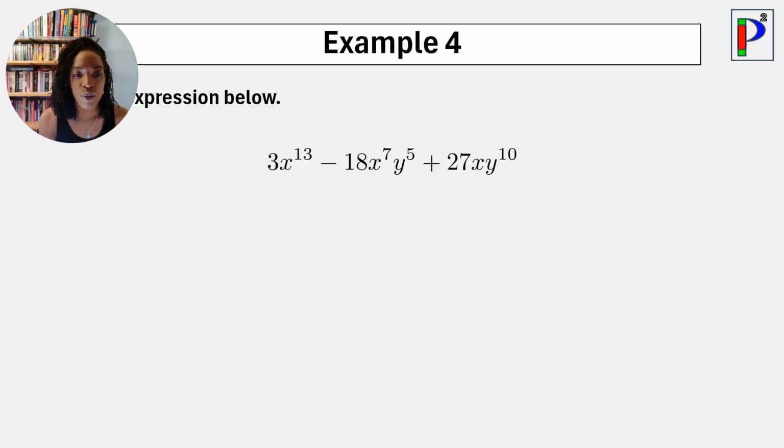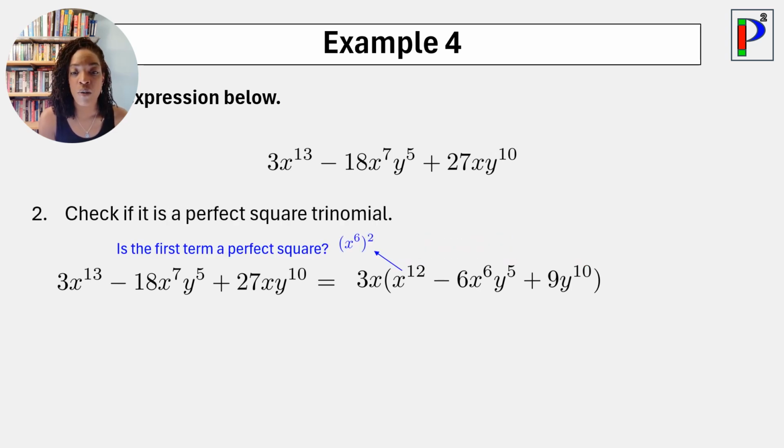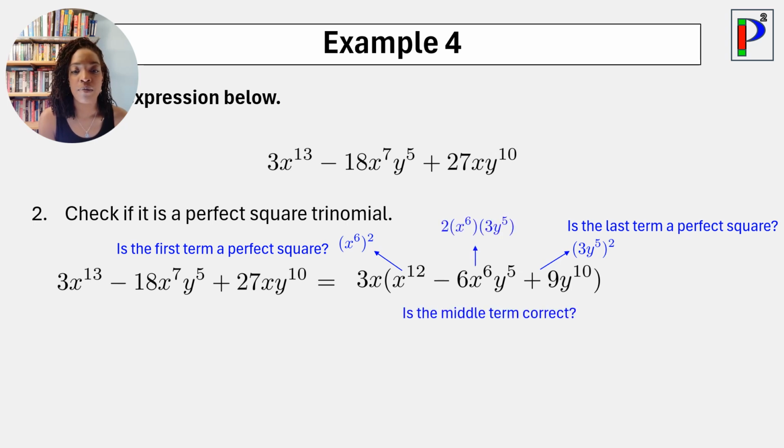We need to factor 3x^13 - 18x^7y^5 + 27xy^10. This polynomial actually has a GCF of 3x, so I'm going to go ahead and take that out first, and then I'm going to focus on if this is a perfect square trinomial. So my first term checks out, my last term checks out, my middle term checks out.